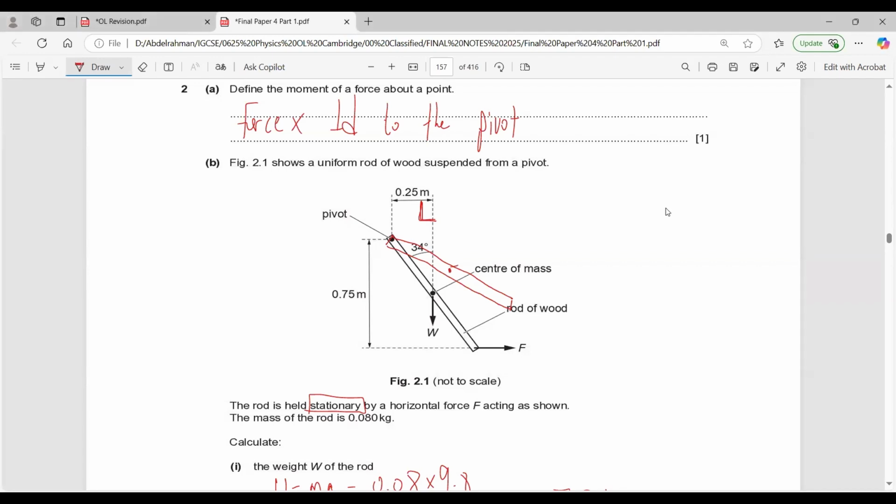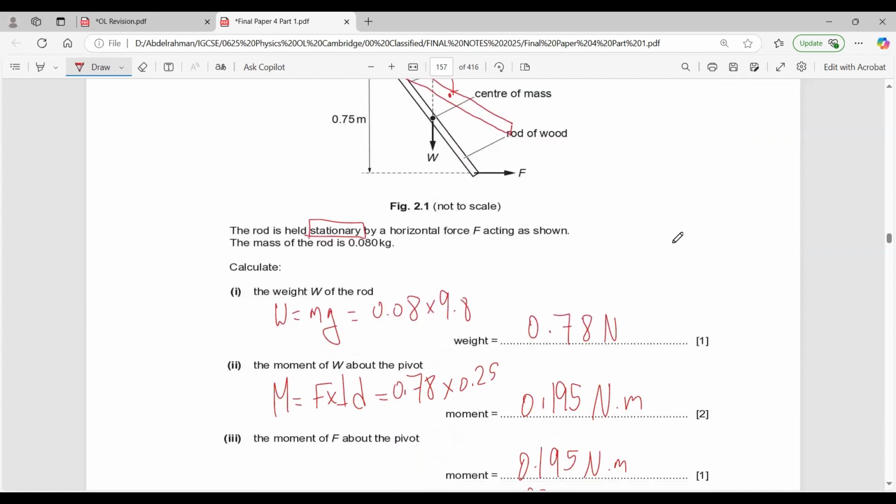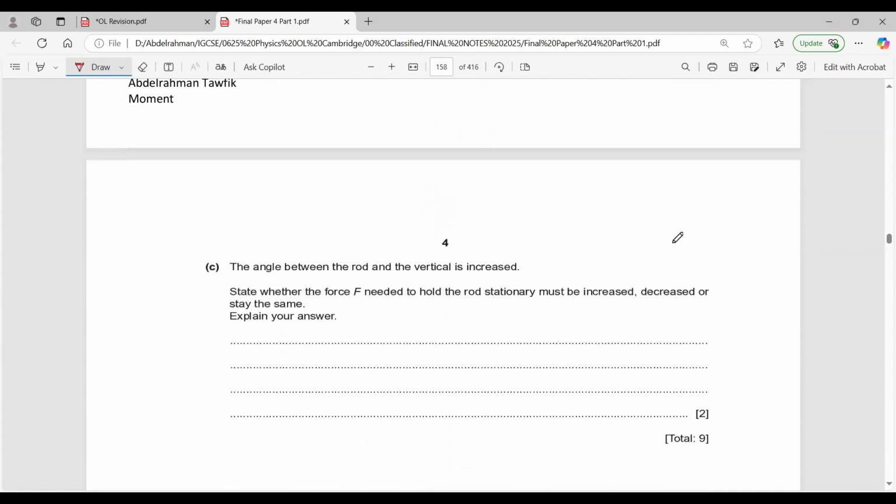So the distance is not 0.25, it has increased. It has become 0.3, 0.4. The distance between the center of mass and the pivot is increasing, therefore the total moment is increasing. So force F needs to increase.